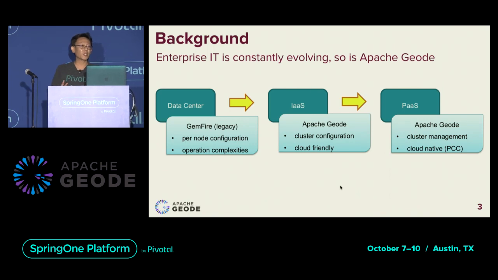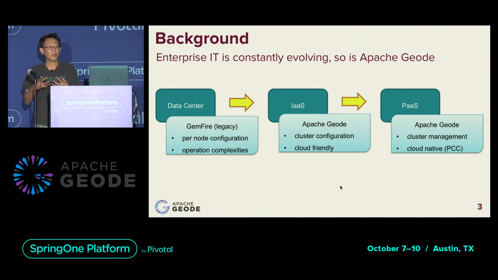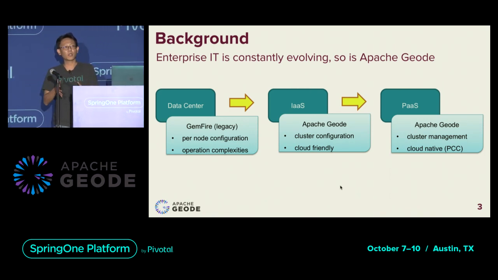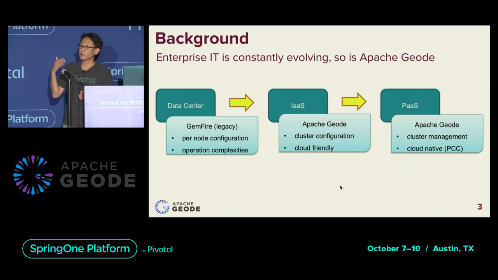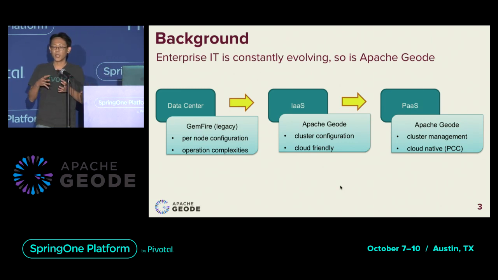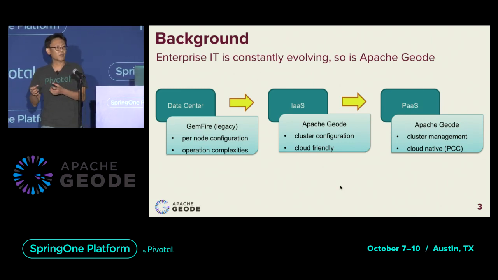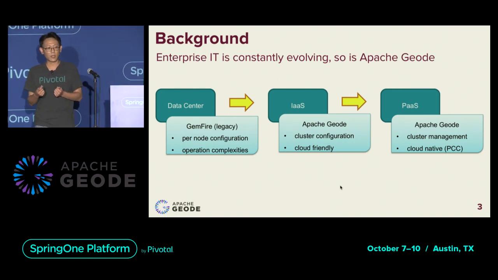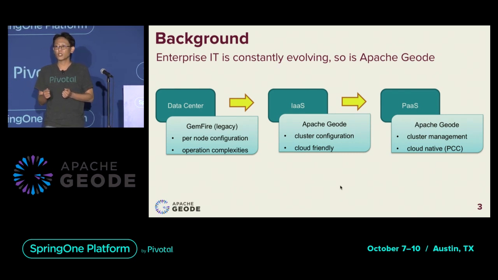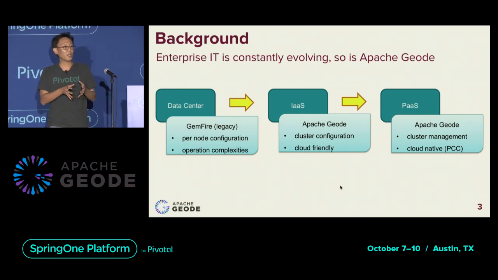So to configure the Gemfire cluster, you have to do per node configurations, where every node, if you need to make a change, the change has to be applied independently and individually on any given server node. So from the day two operation perspective, anytime you need to make a change, you have to restart the node, one server node at a time. So that's where the legacy is coming from.